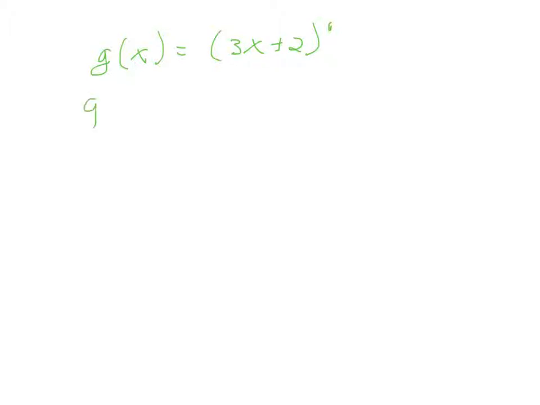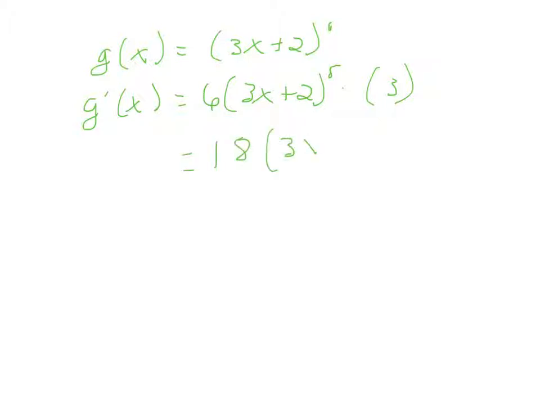It certainly would be much easier just to use the chain rule, right? We would just say it's 6 times 3x plus 2, and then that would be to the 5th power, and then all we'd have to do is multiply by 3. So very quickly we would get a nice short answer to what the derivative of this function is, whereas if we expanded it, it would take forever to do that.